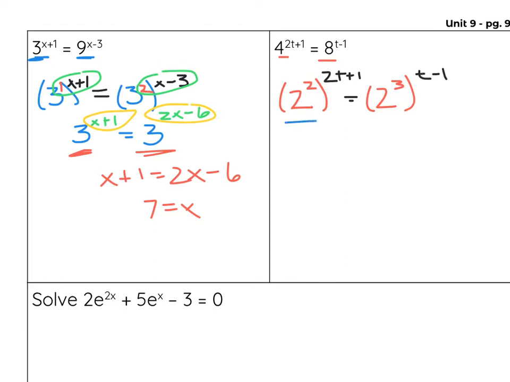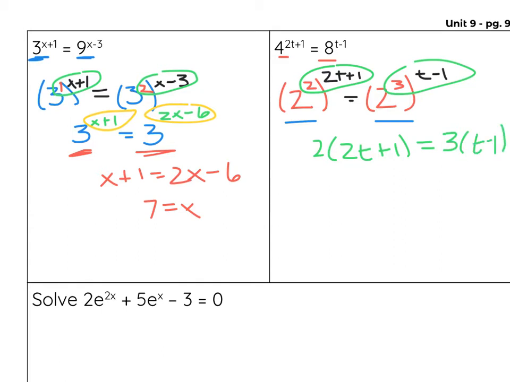Now since my bases are the same, that means I can multiply the exponents. So 2 times 2t plus 1 equals 3 times t minus 1. Let's distribute. 4t plus 2 equals 3t minus 3. And that gives me t equals negative 5.